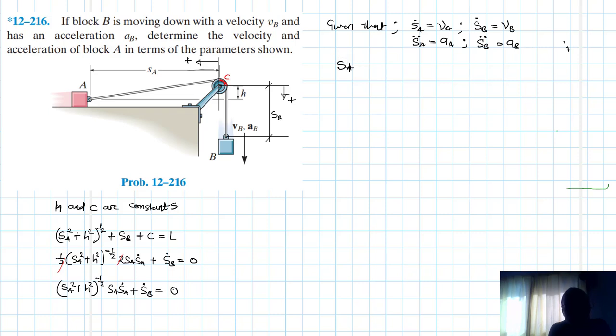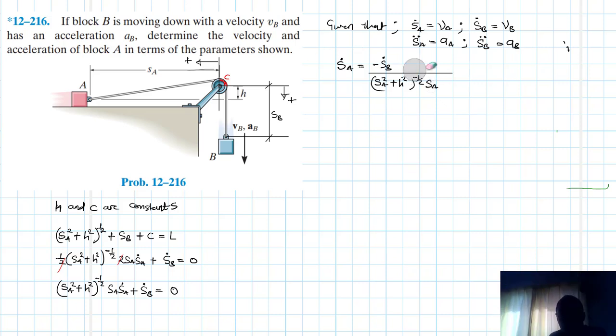So SA dot is equal to minus SB dot divided by SA squared plus H squared to the power minus 1 over 2.